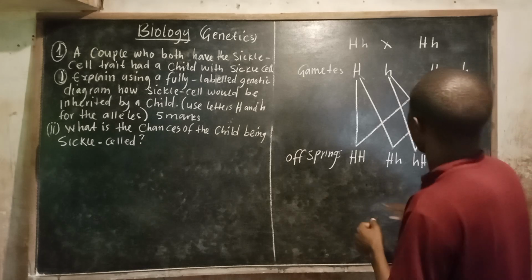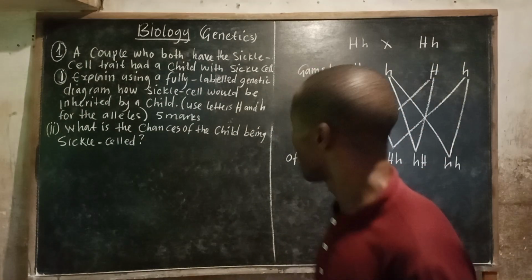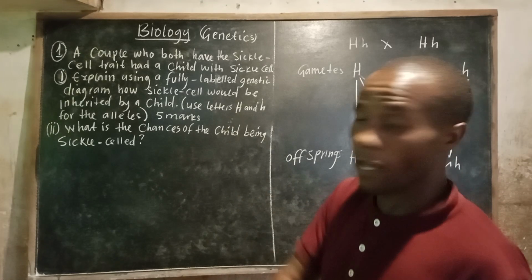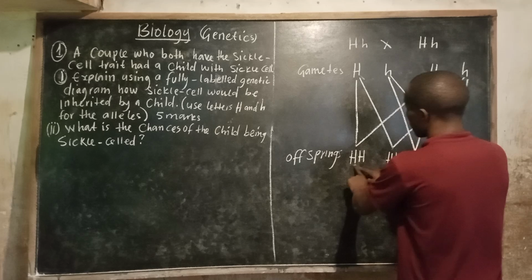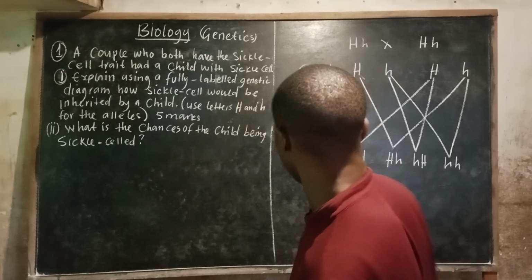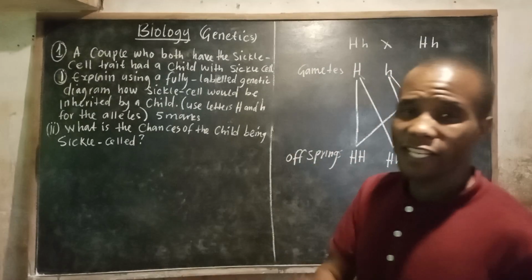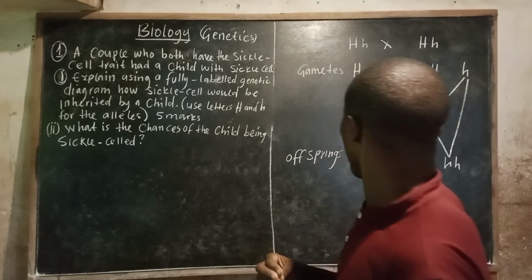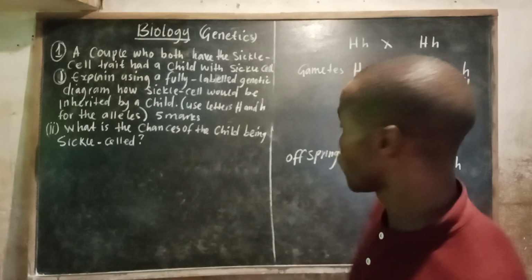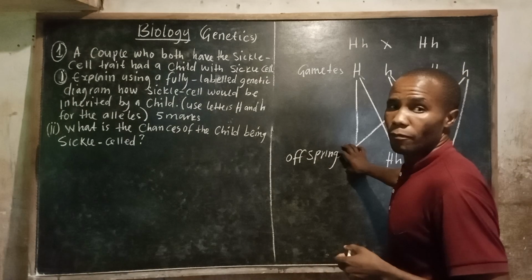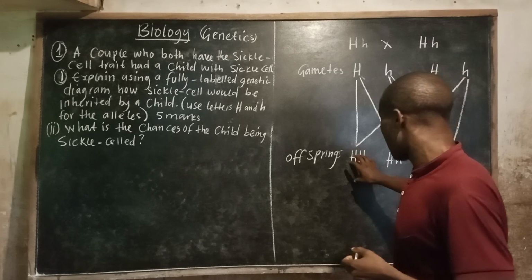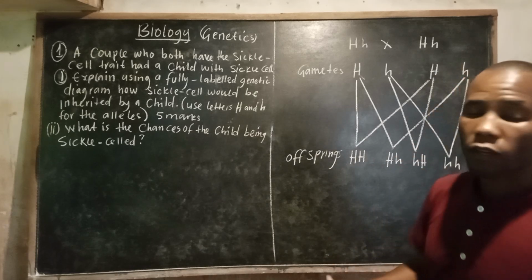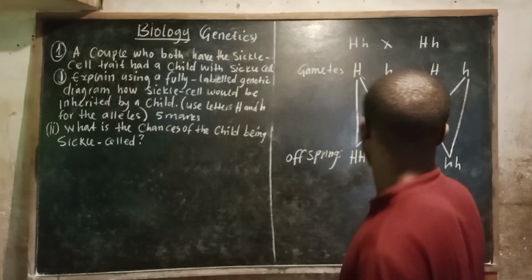Let us look at the offspring, the children which are going to be born from them. The first one is this one with HH, which has got only the dominant gene, and this is actually called homozygous, because they are of the same type, capital letter H, capital letter H. Then the second one, we have the dominant gene and the recessive gene.